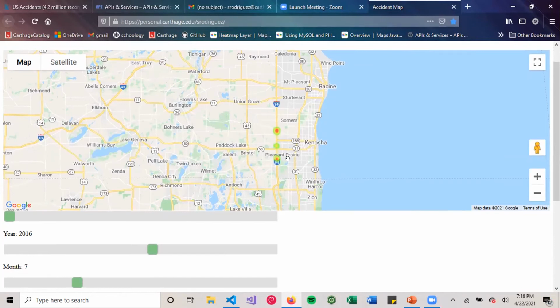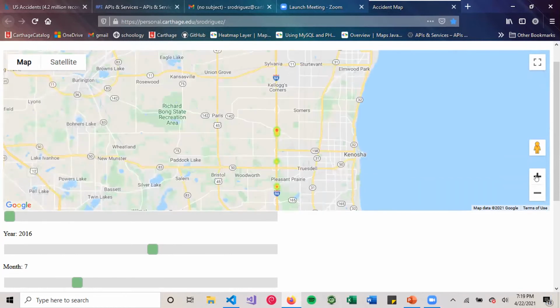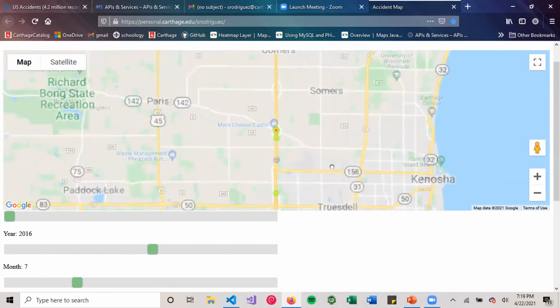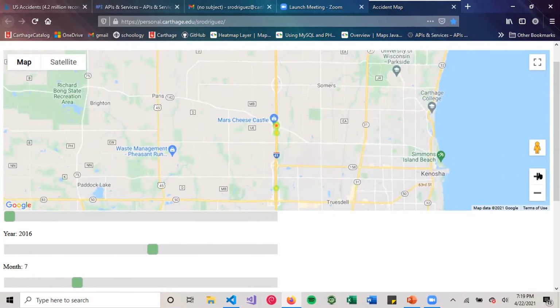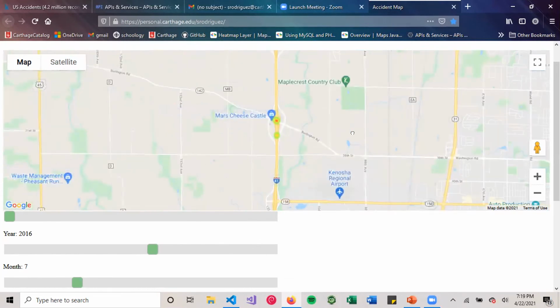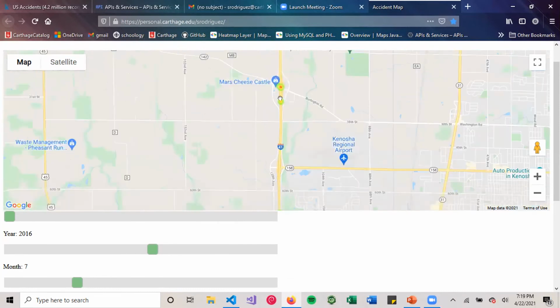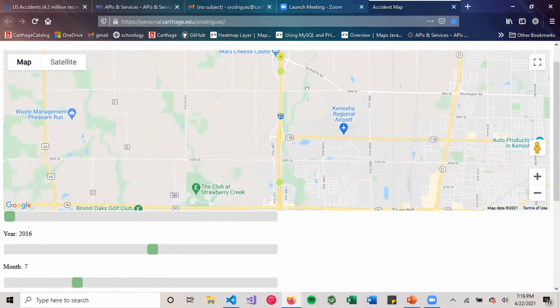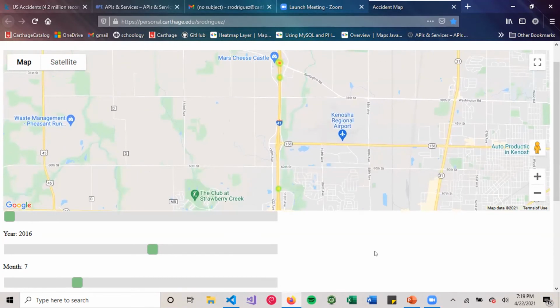Can you zoom in a bit more on that? Yeah. So there's two there and the third one there. Yeah, I think just with the coloring, it was a little hard to see that.